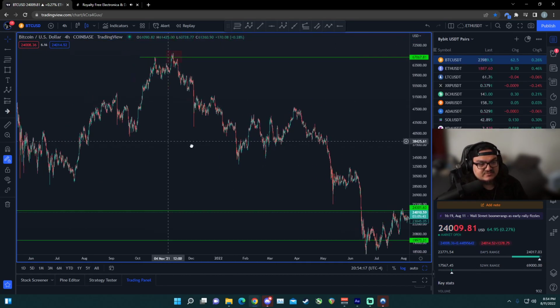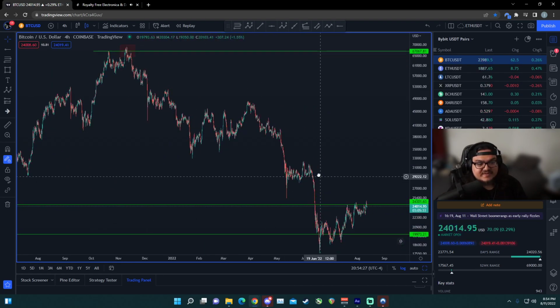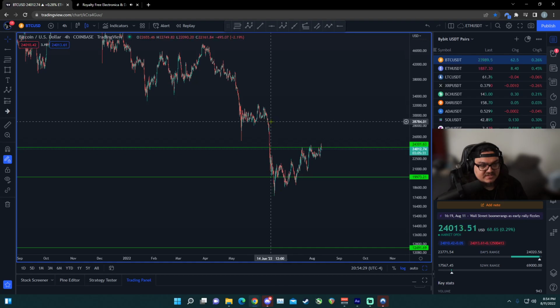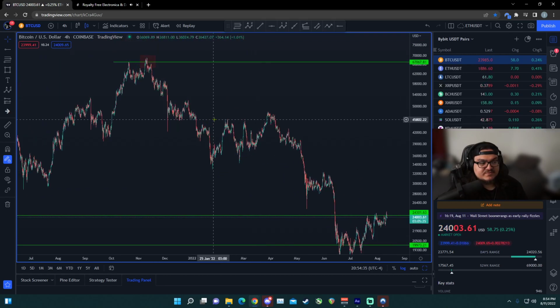It gets to the point where whales were selling up here while you were trying to buy. Whales were selling their Bitcoin because we got a higher high past that 65,000 level. So this triggered a bear market. Long story short, that's the reason why ABCs work so well: people are using a very basic, traditional style of trading.